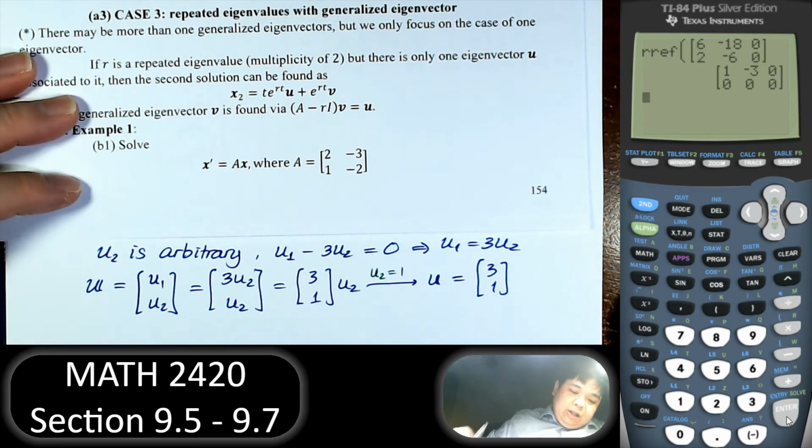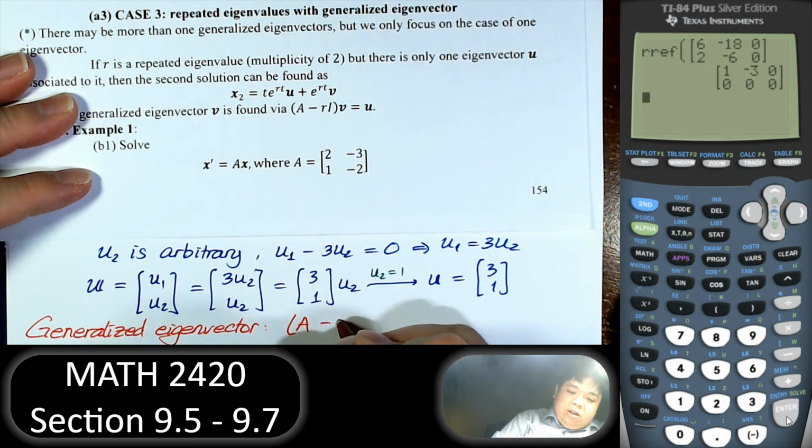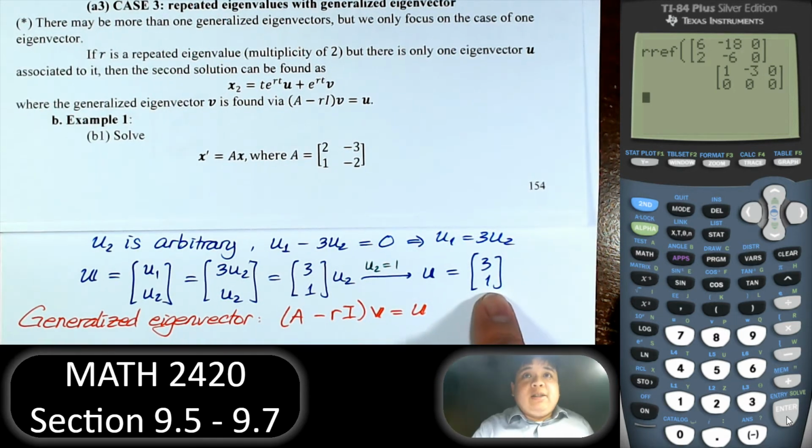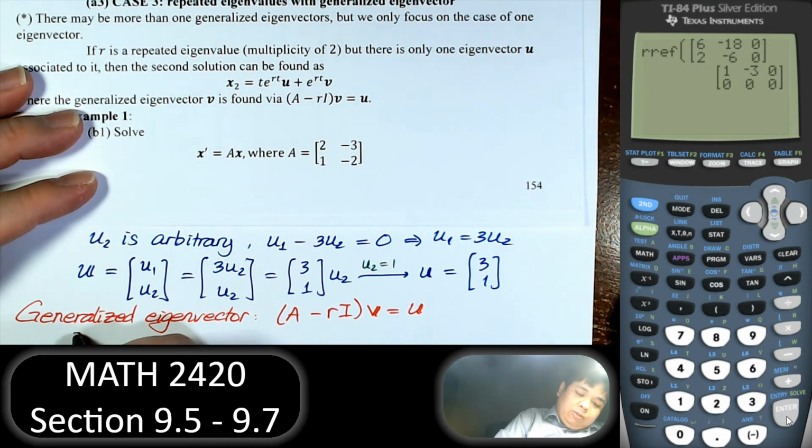So this is called a generalized eigenvector. We have A minus Ri times V equal to U. If we only have one vector and we need another one, this is what we're going to do.